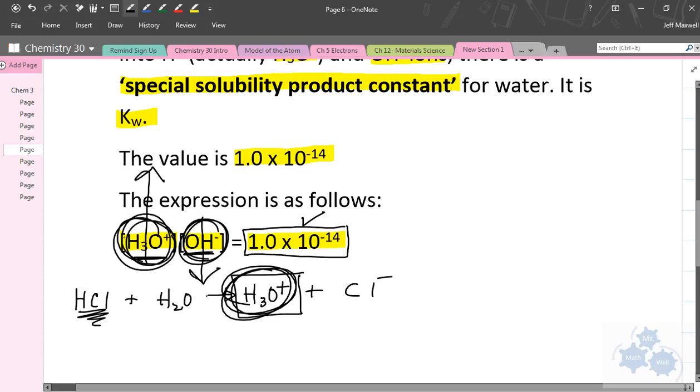So this goes up, this goes down. That's one way you can think about it. The other way is that simply mathematically, if two numbers have to multiply to a certain number, and one of those numbers is changed to a larger number, the other one has to be smaller. So if we have 7 times 2 is 14, and this 7 actually goes up to 14, what's this other number got to do?